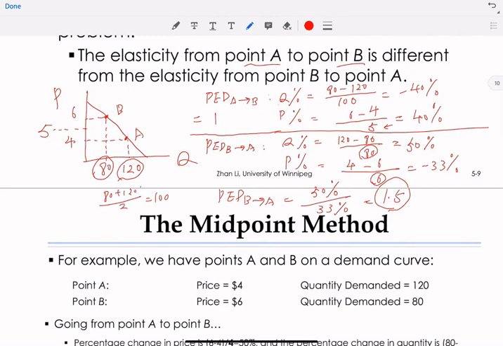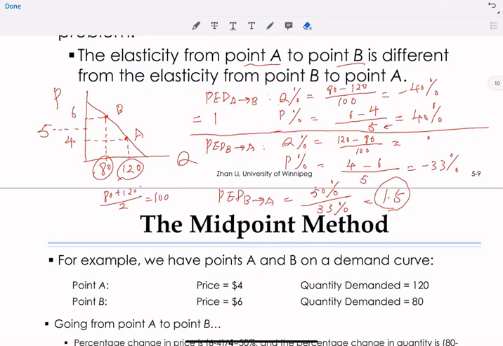Now let's try to calculate the elasticity from B to A. Again, we will change these denominators and we will use the middle point. So the middle point here is 100 and the middle point here is 5.